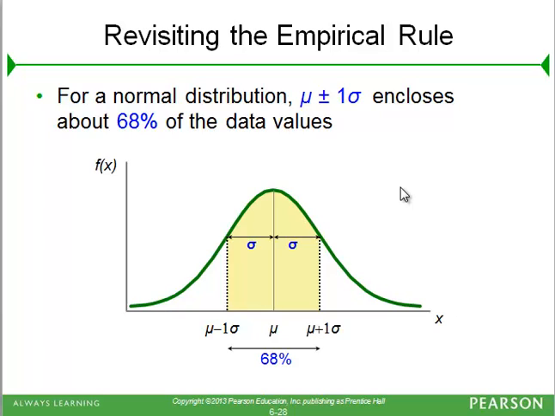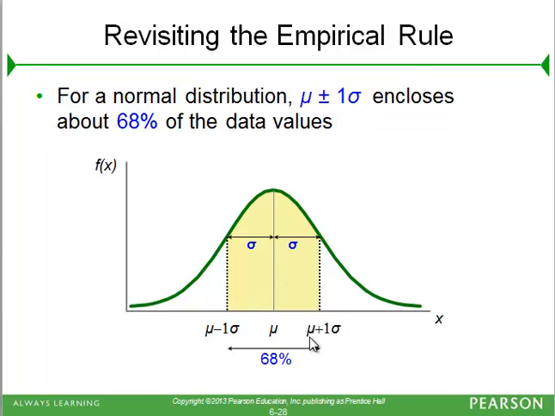Okay, hopefully you understand more about the probability distribution, the continuous probability distribution. Now let's revisit the empirical rule. Remember, you learned that part in the previous chapter. Okay, so for normal distribution, 68% of the probability that a value is going to fall into the range of mu plus or minus 1 standard deviation.